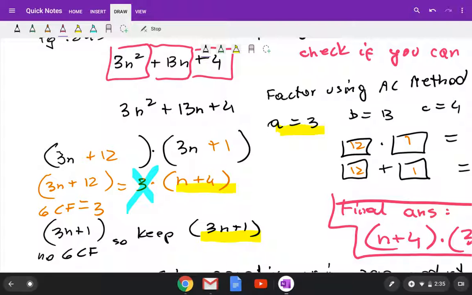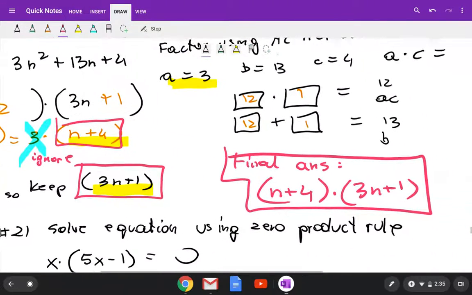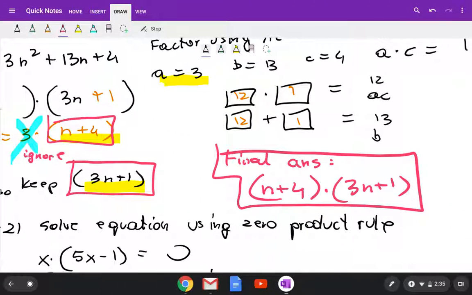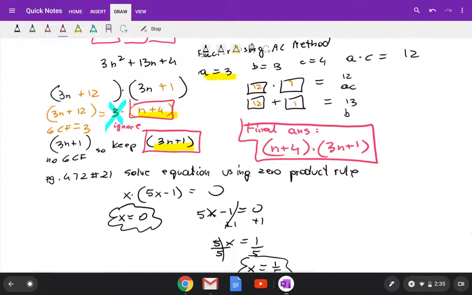Since this is the algorithm, you're going to ignore the GCF, and you only keep n plus 4. The second factor, 3n plus 1, has no GCF, so you keep your original, which is 3n plus 1. So our final answer is n plus 4 times 3n plus 1.